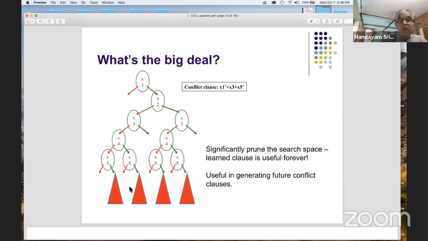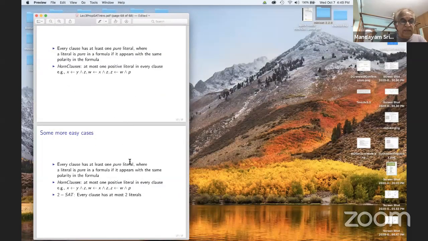Then maybe you could win by not backtracking one level at a time, but jumping to higher levels and proactively exploring the other branch. Those were the two ideas.